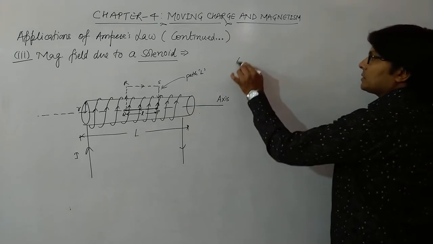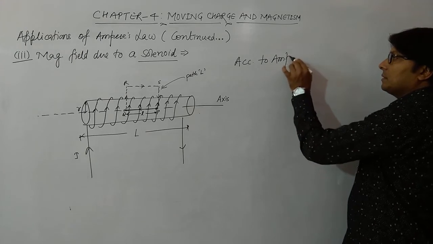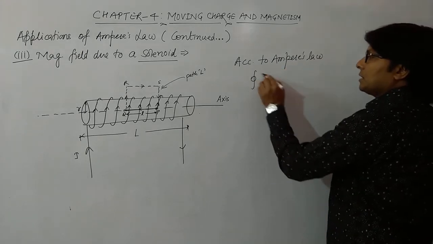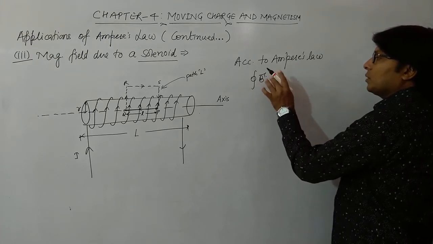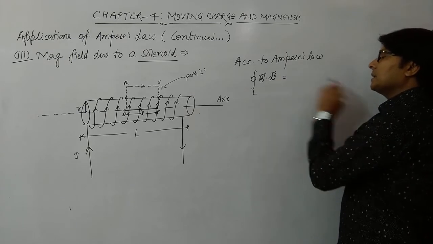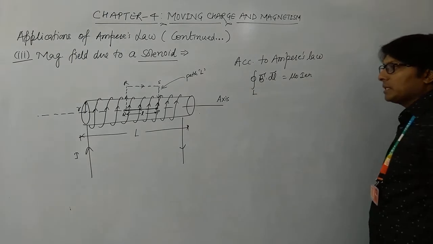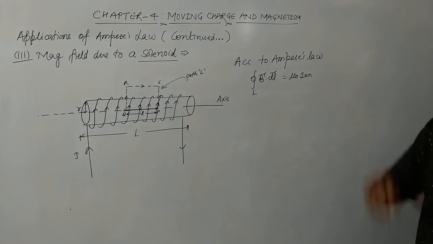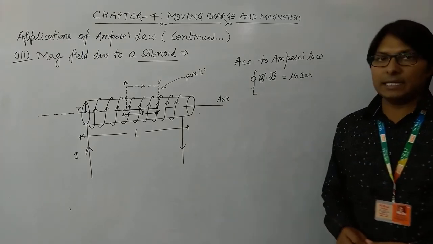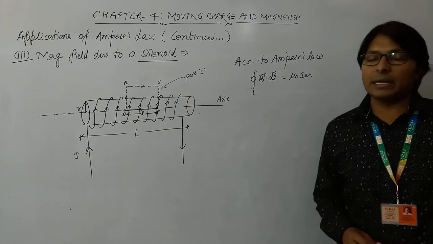According to Ampere's law, the closed integral of the magnetic field vector over the path L is equal to mu 0 times the total current enclosed by the closed path PQRS. Now this complete path L does not have the same angle between the magnetic field and the dl vector.